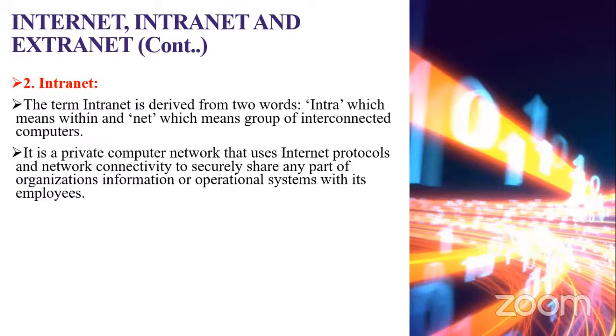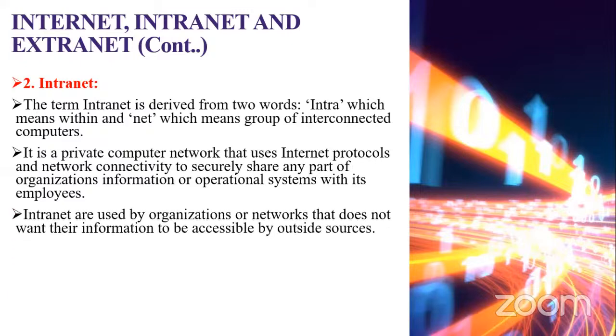So it is a private computer network that uses internet protocols. This is the difference between a LAN and an intranet. This private network called intranet uses internet protocols and network connectivity to securely share any part of the organization's information. So it should follow the internet protocol rules.